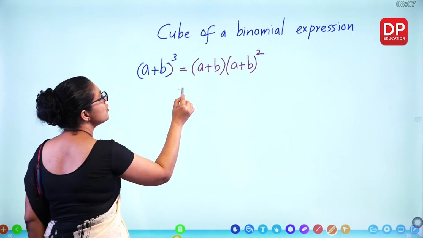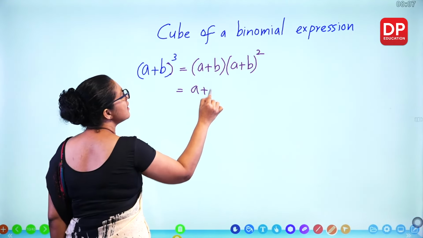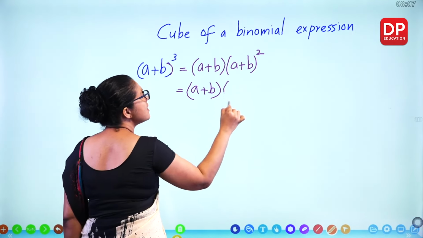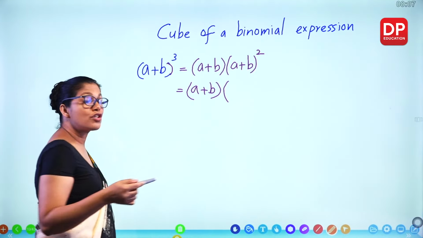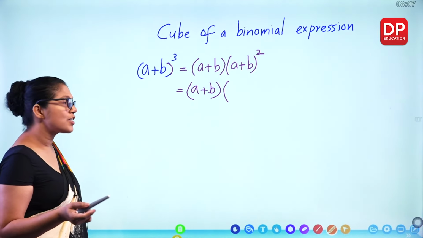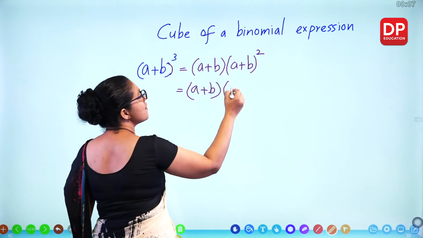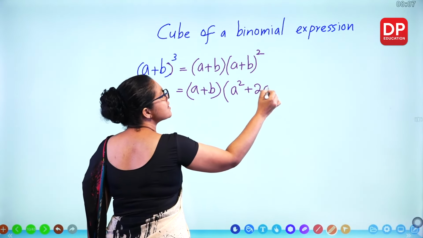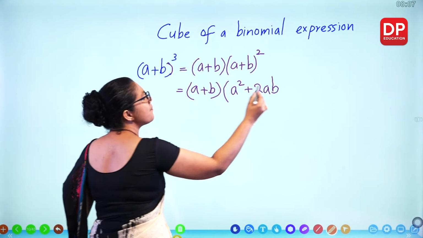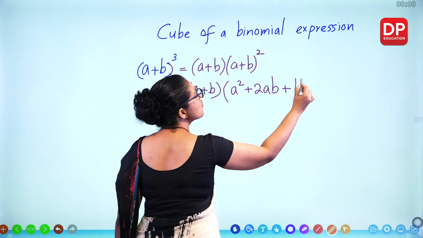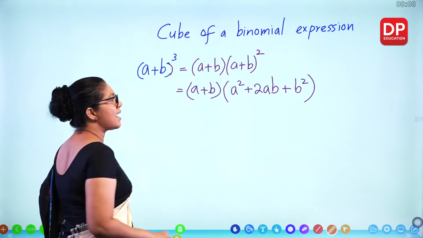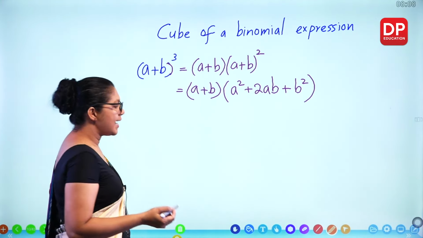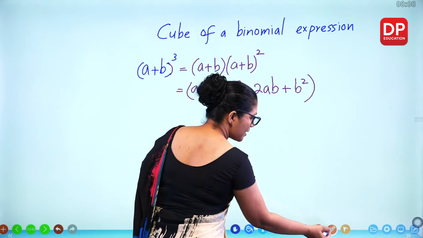Now we know the expansion of power 2. What's the expansion? You are getting first term squared, double of first term and the last term, plus last term squared. So using that pattern, we'll try to expand cubic expressions.